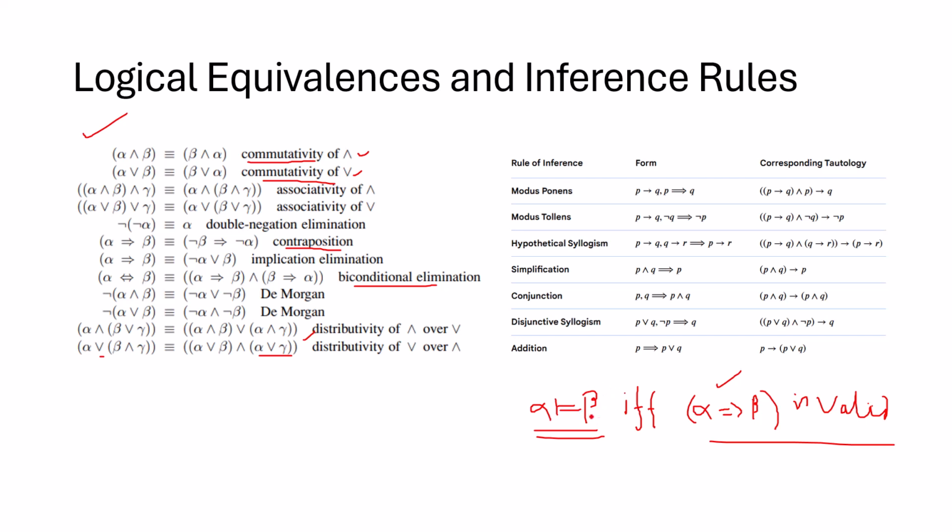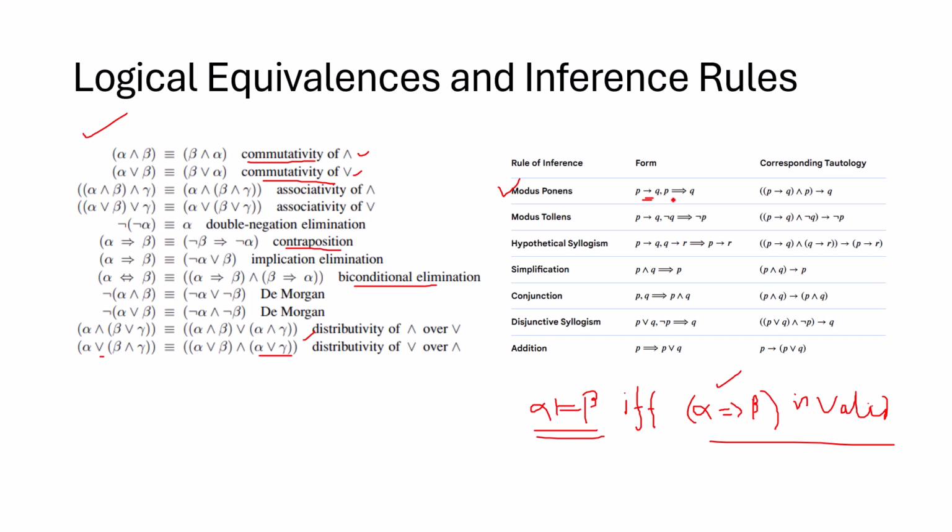If you try to see alpha entails beta, we just have to show alpha implies beta is always true in all possible models. So there are a few other rules. Modus Ponens: P implies Q. This is using the single arrow, not a double arrow.